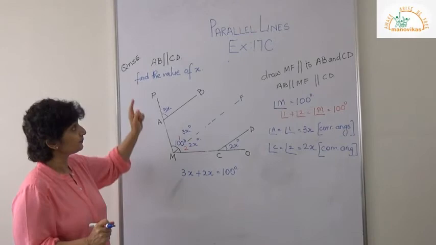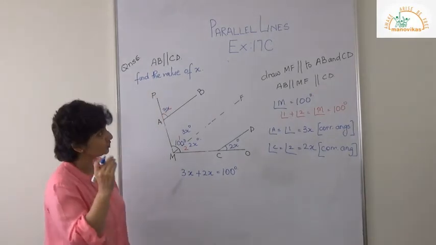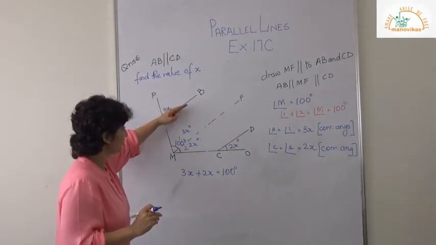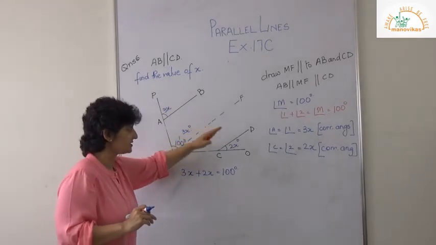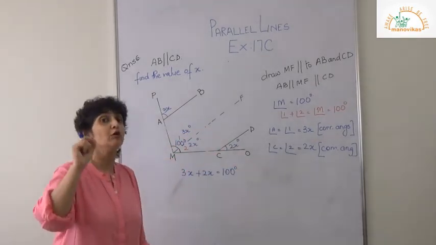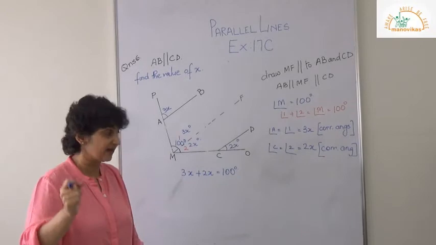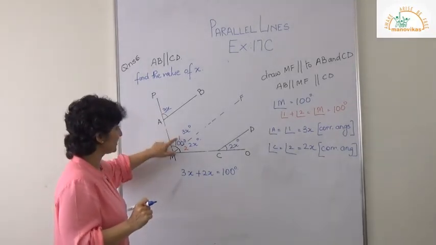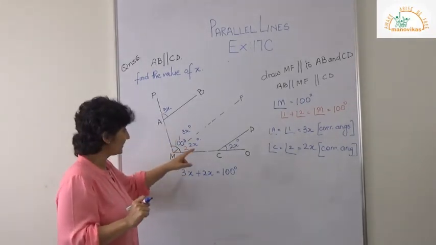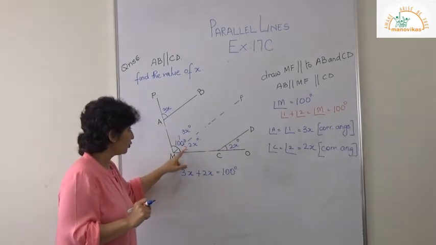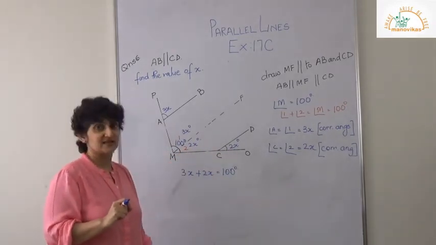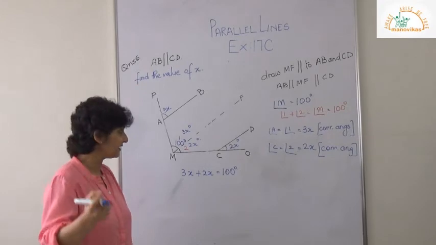Did you understand? Draw MF parallel to AB and CD. Then you know this is parallel to this and this is parallel to this. You know your conditions for parallel lines. So we get 3x is equal to angle 1 and angle 2 is equal to 2x. Their corresponding angles are equal.